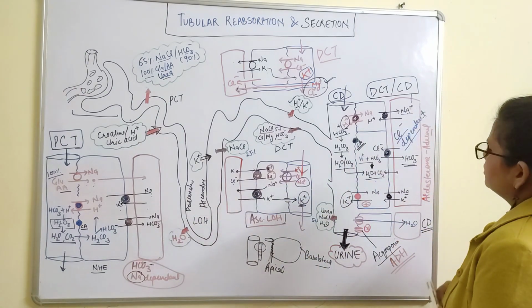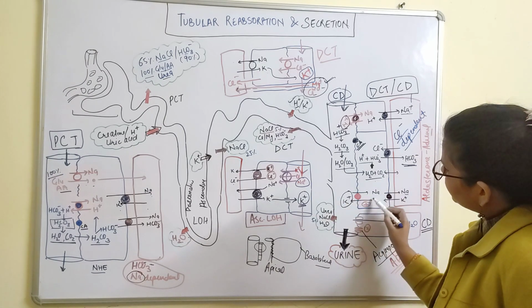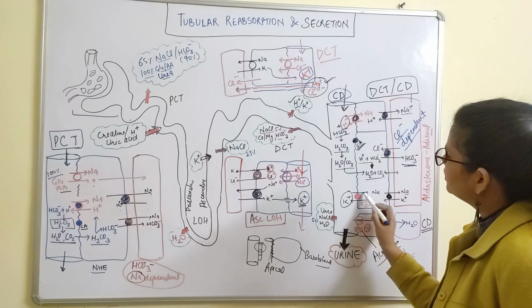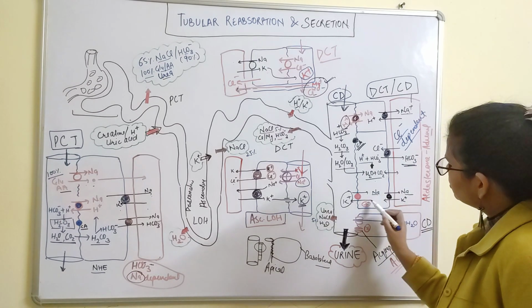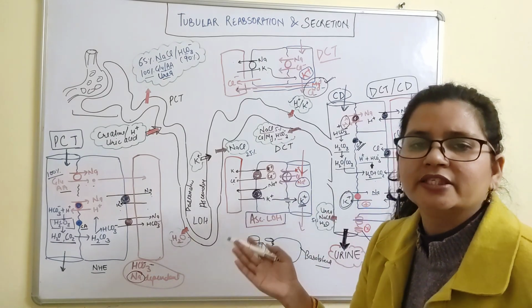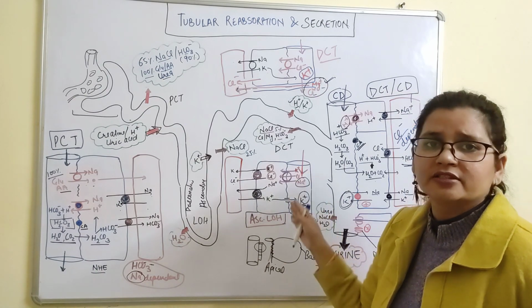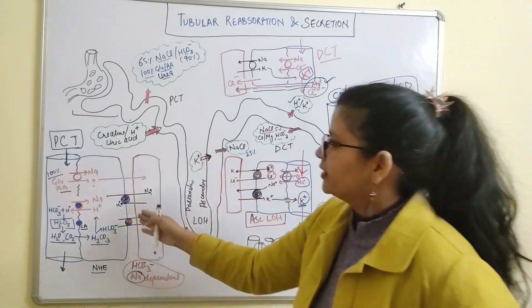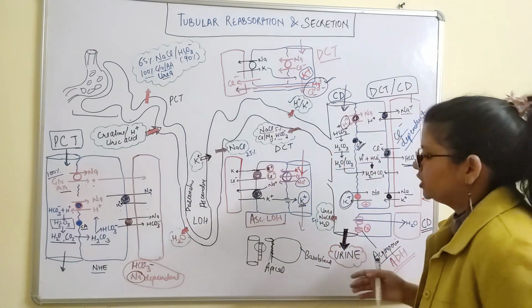So the last thing left is basically the sodium potassium pump. Here sodium is reabsorbed into the blood vessel in exchange for potassium secretion. On both the membranes these are the same. In the loop of Henle it's the triple symporter. PCT you have to understand, otherwise these are very unique.